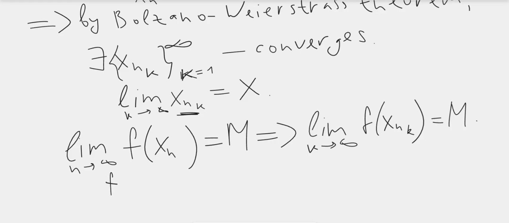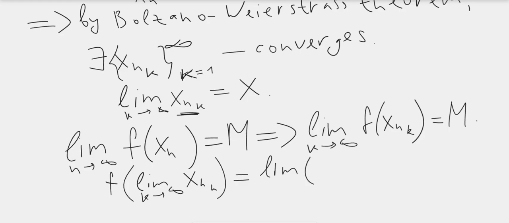So f of the limit of xnk when k tends to infinity is equal to the limit of f of xnk.